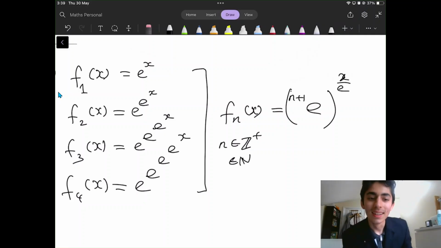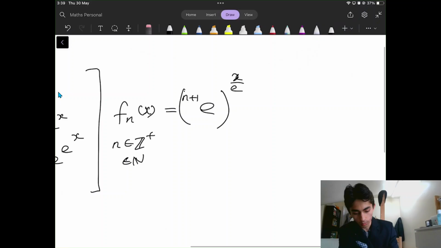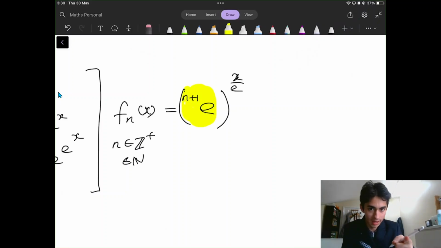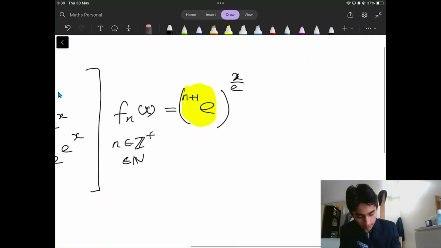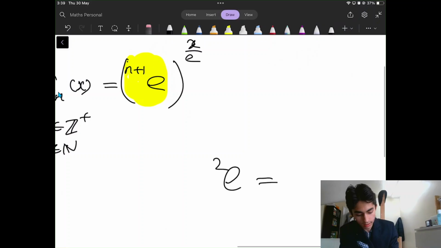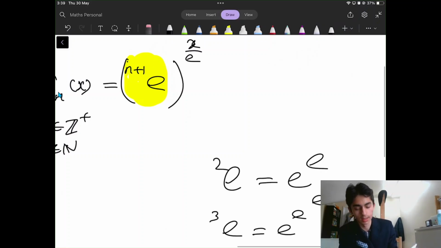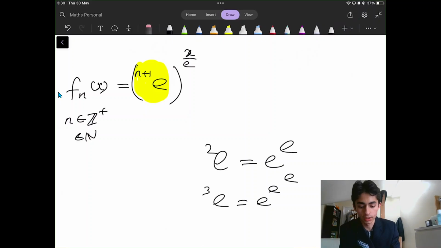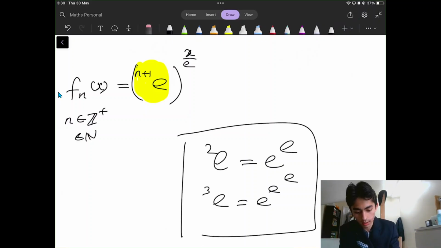The reason I would express it like this is, well, first up, what does this bit even mean? I thought exponents were meant to go to the right of the base, not to the left. Well, let's say you have e tetrated the second degree. This just means e to the e. e tetrated 3 times is just e to the e to the e. First up, that's just notation. Ignore that.